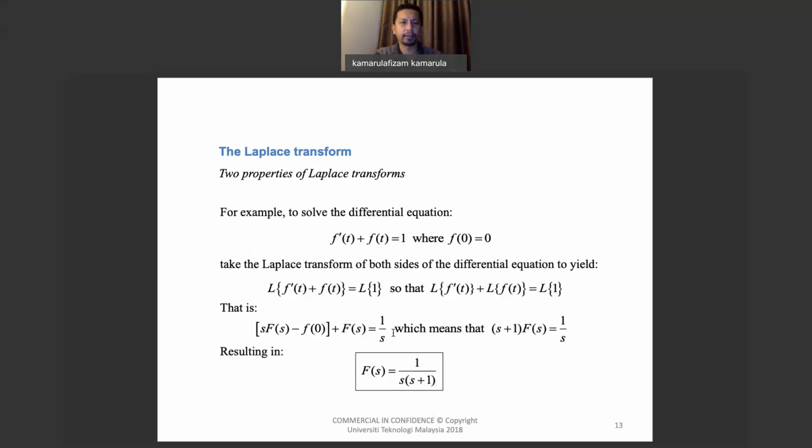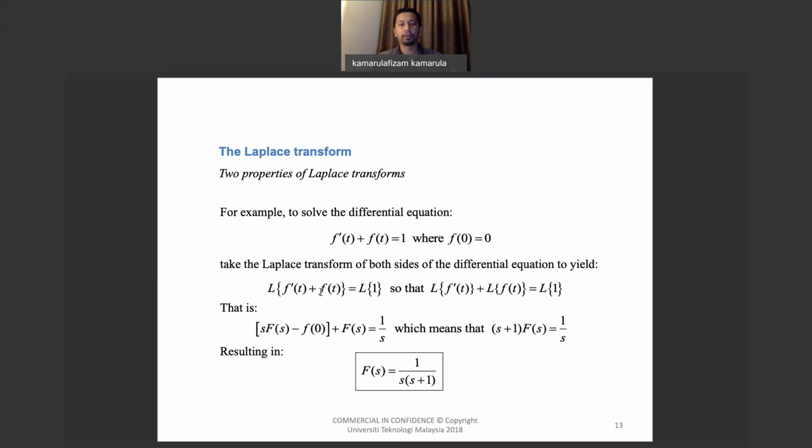In this slide, you will see how we solve a differential equation using the Laplace transform. For example, here you have the derivative of f(t) plus f(t) equal to 1, where f(0) is equal to 0. We take the Laplace transform of both sides. Basically, we have the Laplace transform of the 1, the Laplace transform of a derivative function, and the Laplace transform of a simple function.